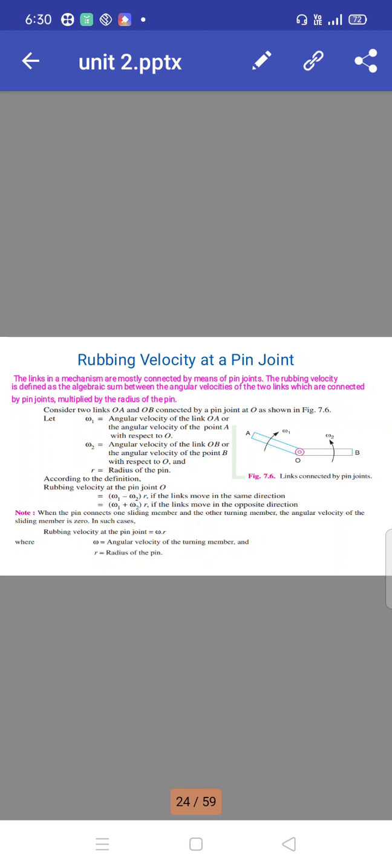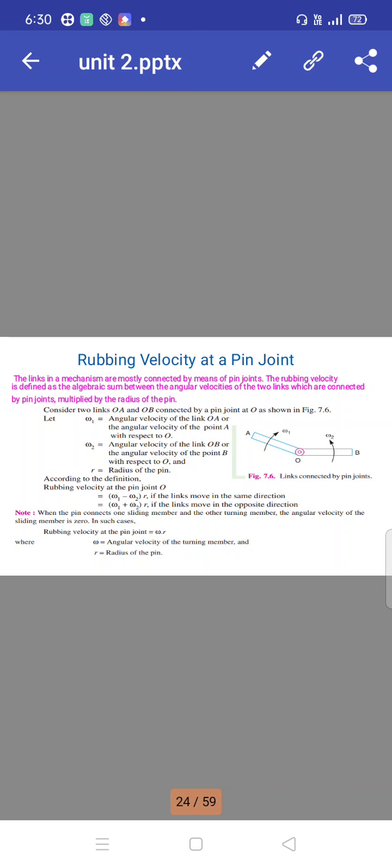According to the definition, the rubbing velocity at the pin joint O is equal to omega 1 minus omega 2, times R, if the links move in the same direction. It is omega 1 plus omega 2, times R, if the links move in the opposite direction.